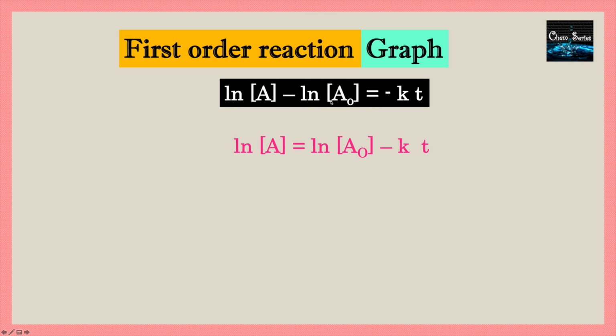Okay, you just take this term over that side. Then y is equal to c minus mx. This graph format will be apt for this equation because you see y can be ln A, the intercept will be ln A naught, and your slope is k, that is the rate constant, and on your x-axis you have time t.